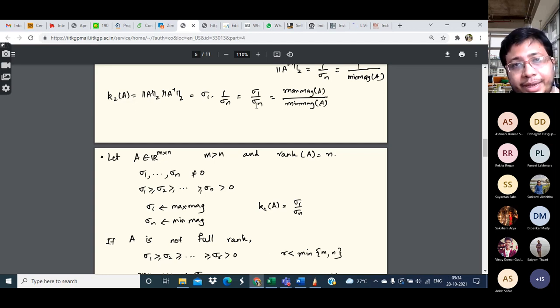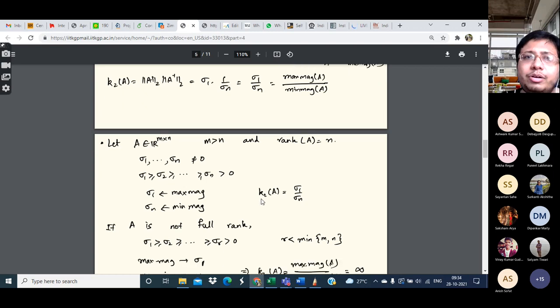So clearly, in case of a matrix A which is rank deficient, the condition number, which is sigma 1 by sigma n, with sigma 1 of course the largest singular value, but sigma n will become equal to 0. Right? Because it's rank deficient, only up to sigma r are non-zero, and from sigma r plus 1 onwards, all the singular values become 0.